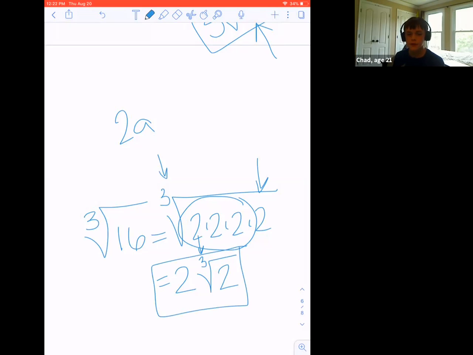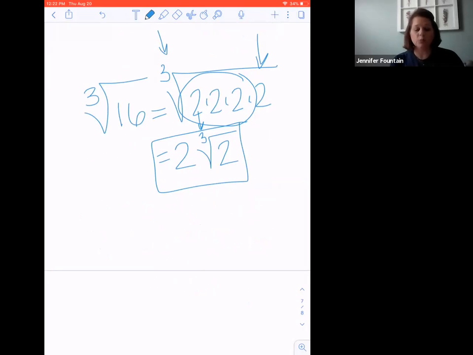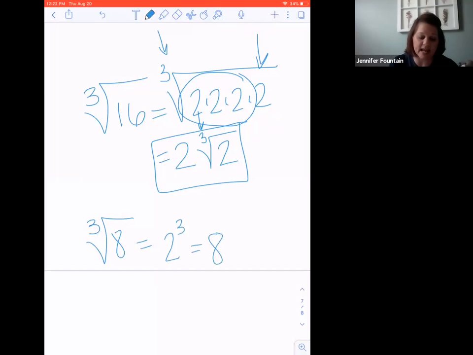So those 3 2s put together, it's just 2. So this would be the same as saying the cube root of 2 times 2 is 4, 4 times 2 is 8. Okay, so the cube root of 2 times 2 times 2 is the same as the cube root of 8. When we think about our exponents, 2 to the 3rd power equals 8, right?